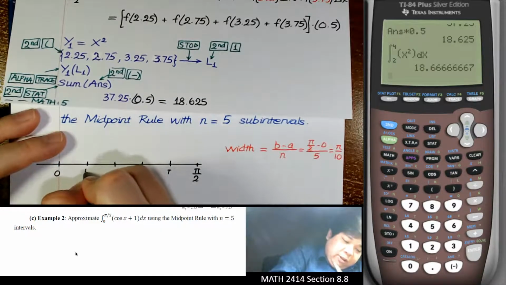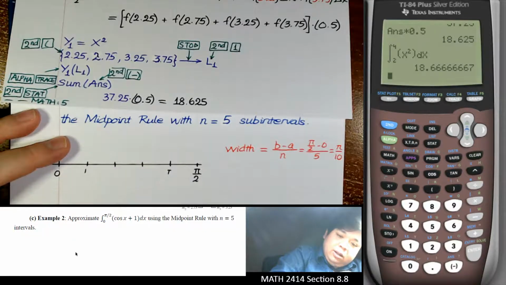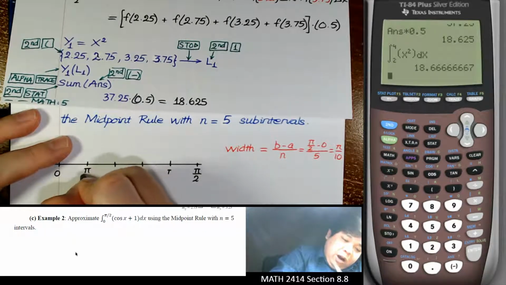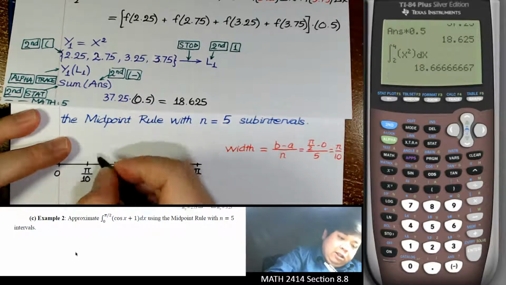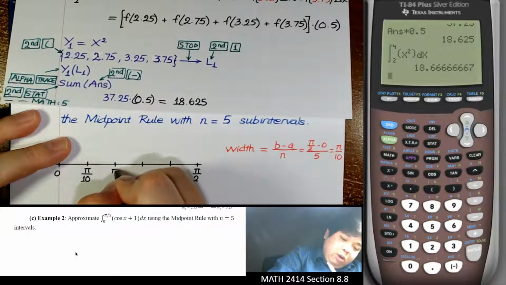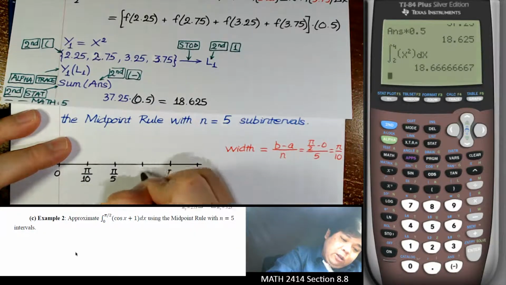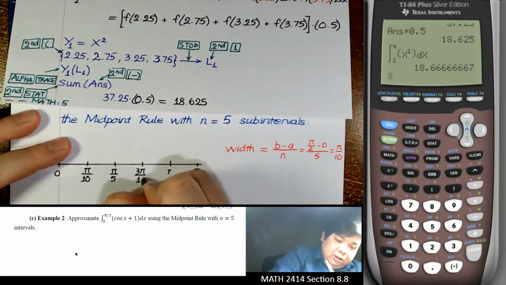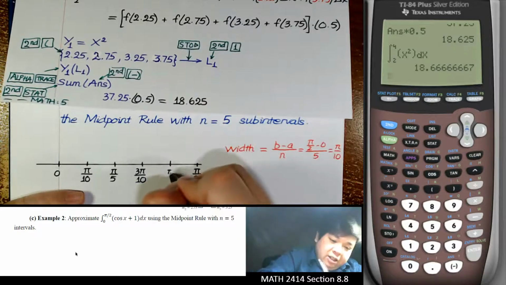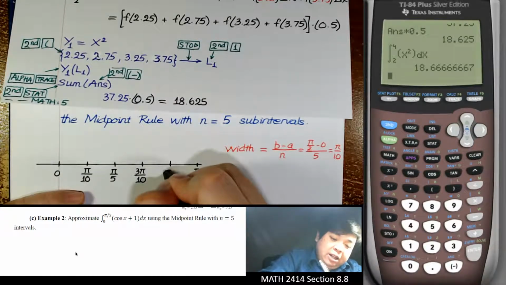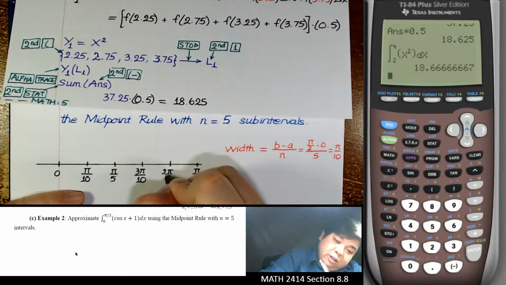So we have pi over 10, 2 pi over 10, we can reduce to pi over 5, 3 pi over 10, and then 4 pi over 10, so that's 2 pi over 5.